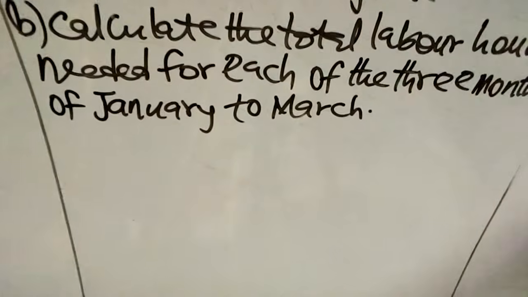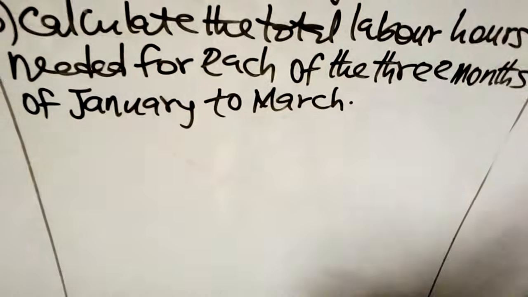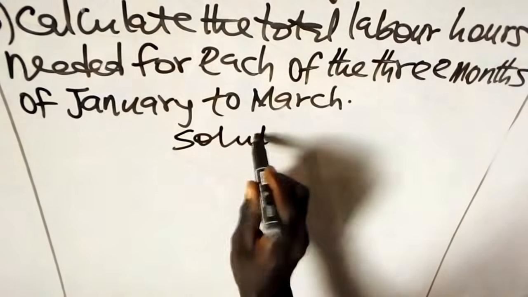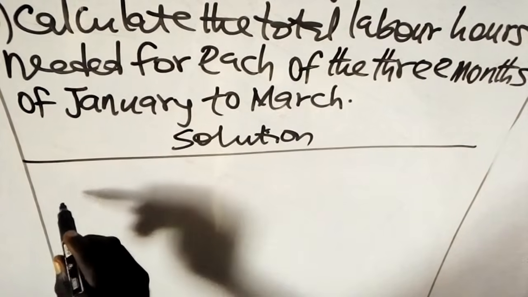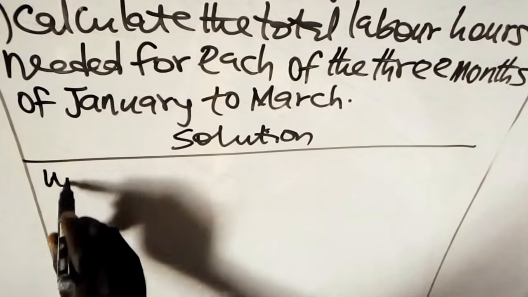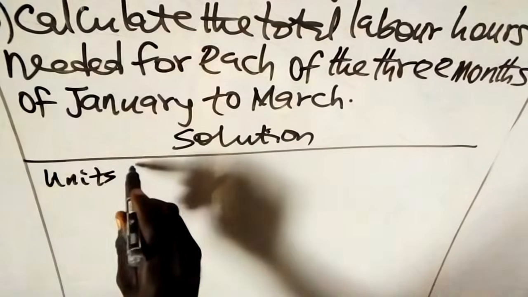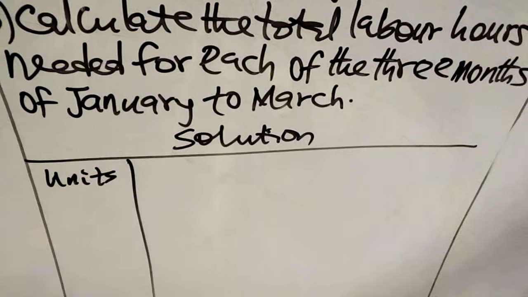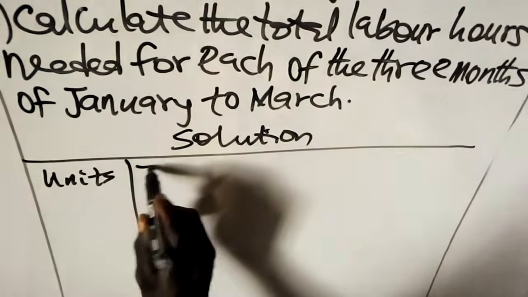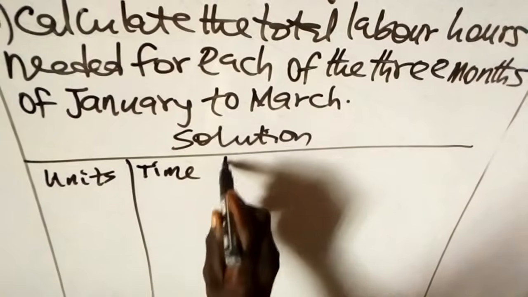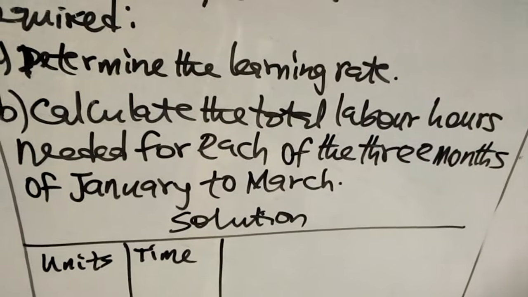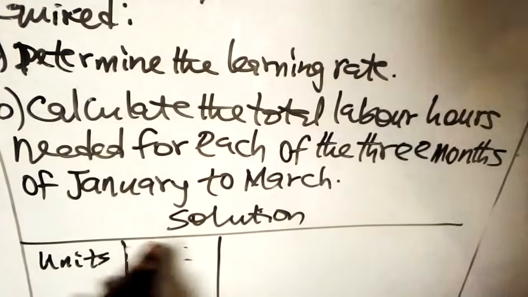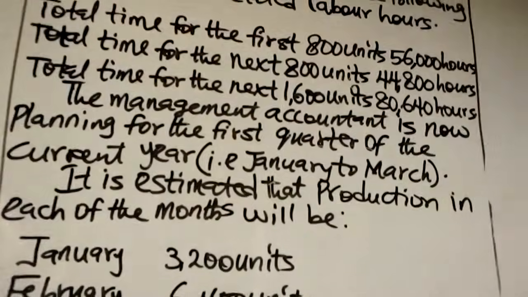Solution. Now let's have the solution to the question. We will also use the 2 methods. Let me start with the tabular approach. You are given the units or output, and the time taken for each of the output is equally given.